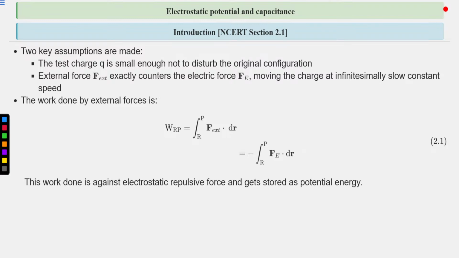So we are moving this charge at infinitesimally small constant speed. For constant speed, what must be done to make the net force on this charge 0? The external force that we are applying should be equal and opposite to this electrostatic force. I hope you understood.